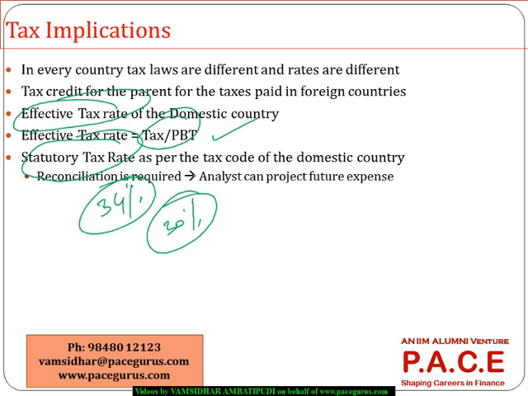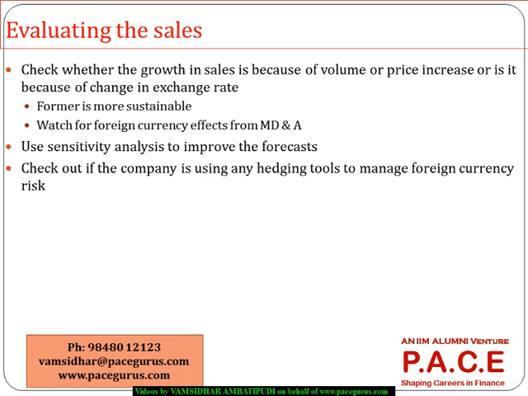Especially for a parent having multiple subsidiaries in multiple countries, it is required that a reconciliation of the financial statements be done based on both tax rates, so that the analyst can use this information for future projection.